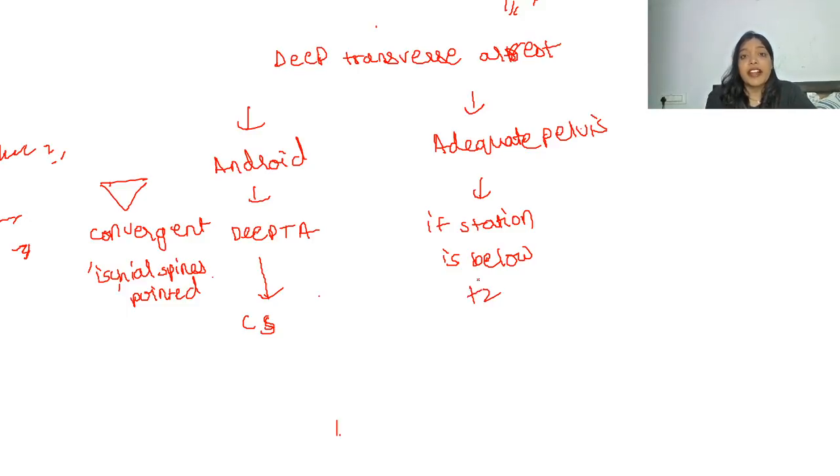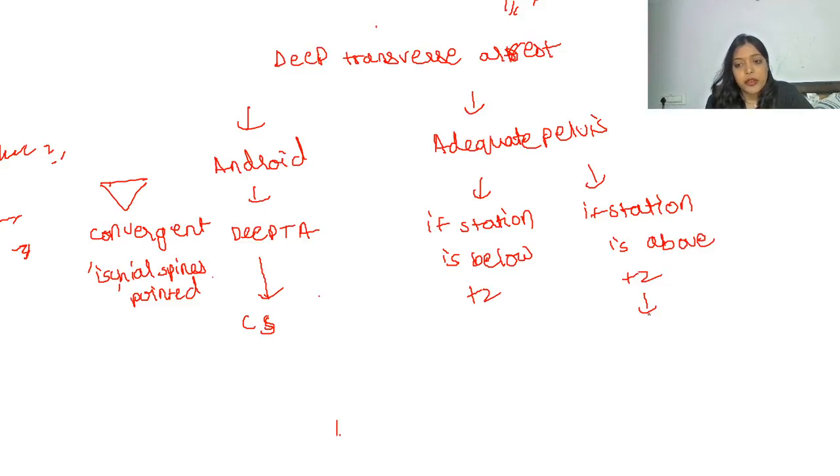And if the station of the head is above +2, that is 2 centimeters, that is high up, then you cannot do instrument, so you have to go for cesarean section.